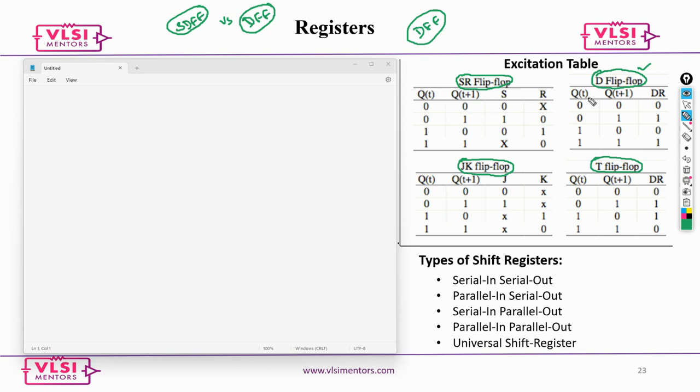We always use only the D flop. We don't use any other flops. So you don't need to go and look at what this JK flop is, the meaning of storage state and toggle state and all of that. You don't need to worry about all that.